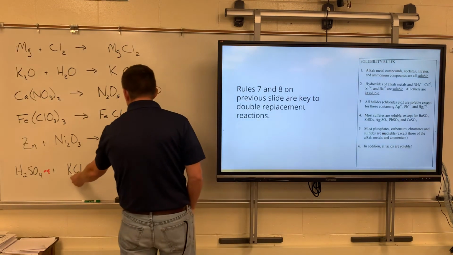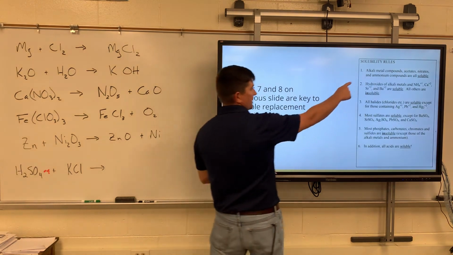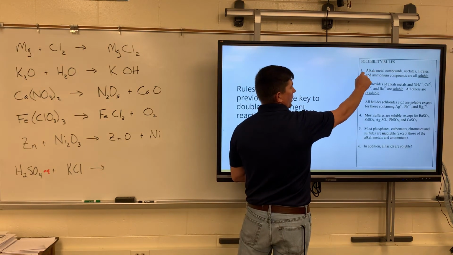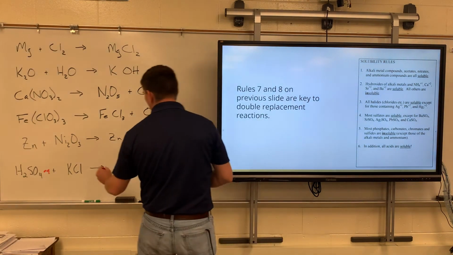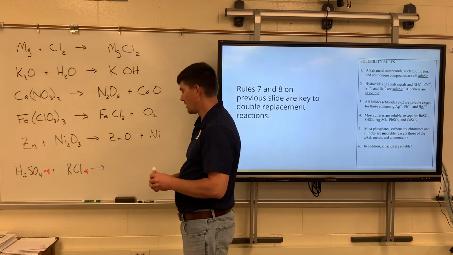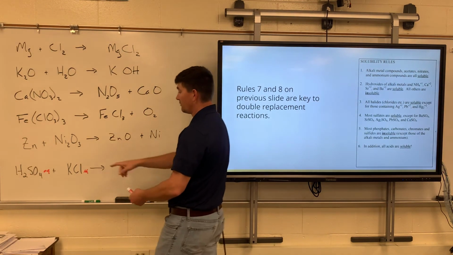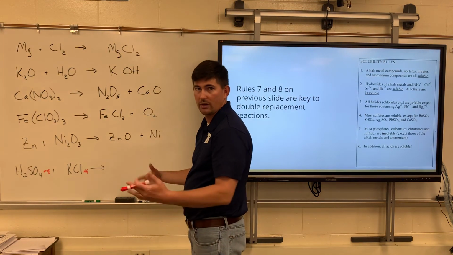And then we've got KCl, where K is potassium. Potassium is group 1, so automatically I know that it's soluble because it's a group 1 metal. Since both of those are aqueous, we can write the reaction. If one of these wasn't, then we would just say no reaction. Boom, we're done. We don't have to do the problem.